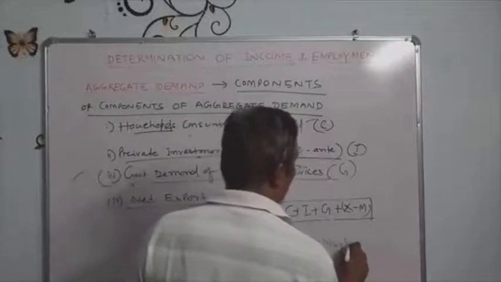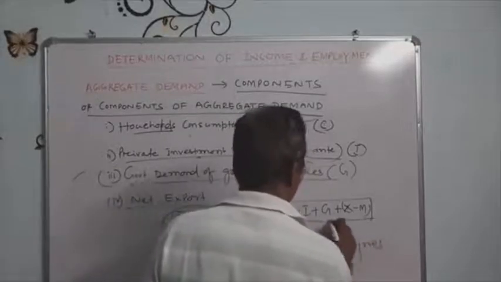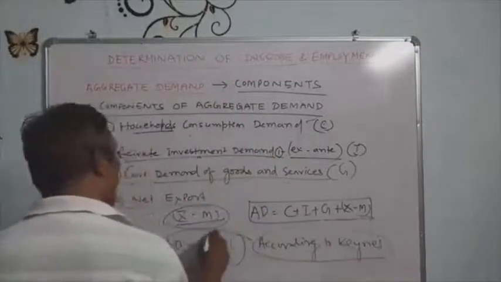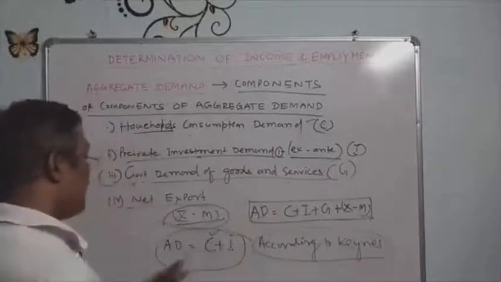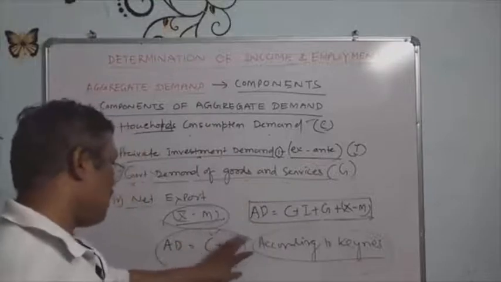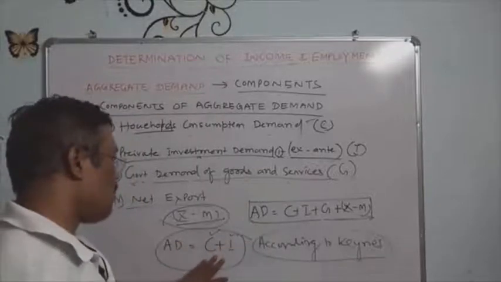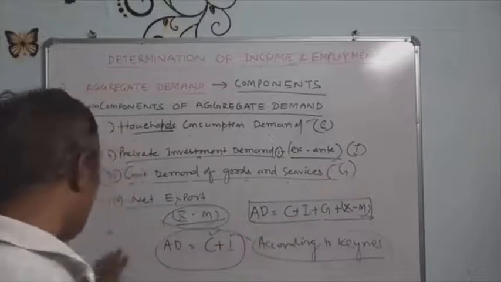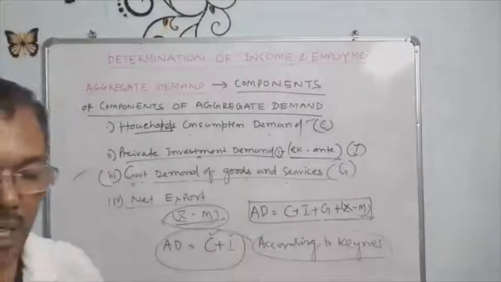According to Keynes, we avoid the government and export. He analyzed only consumption and investment, that is private consumption and private investment, and only consumption plus investment is called aggregate demand.